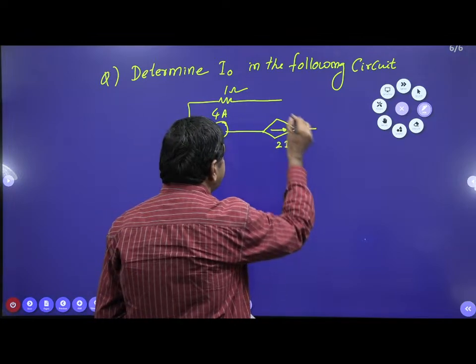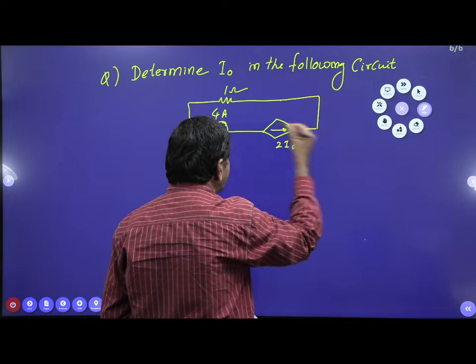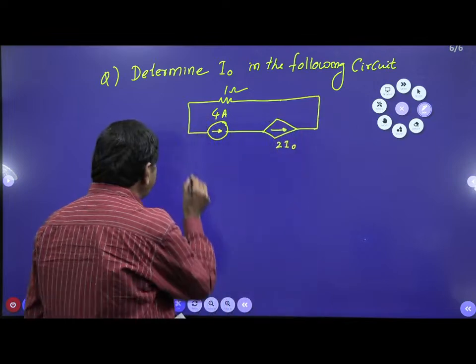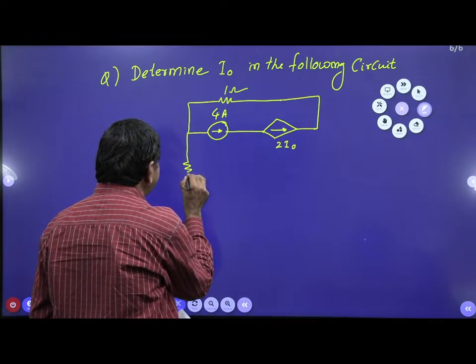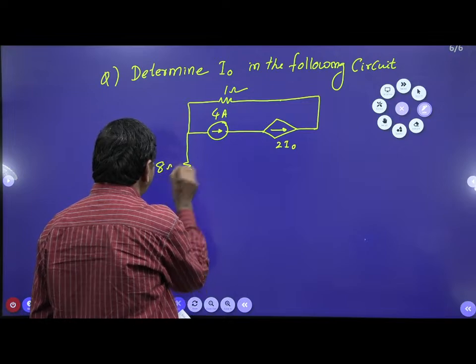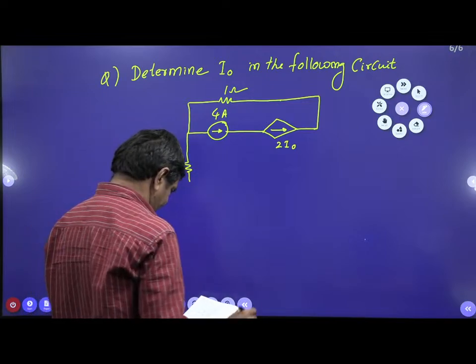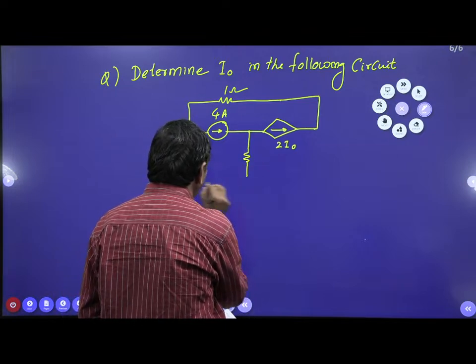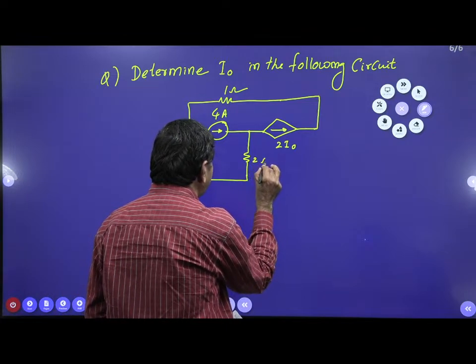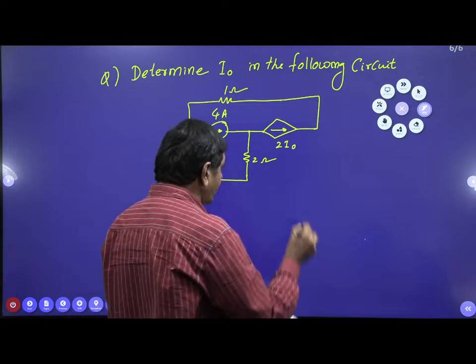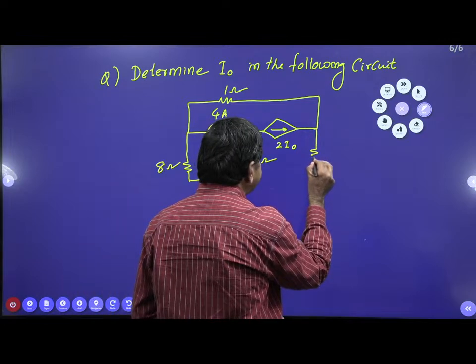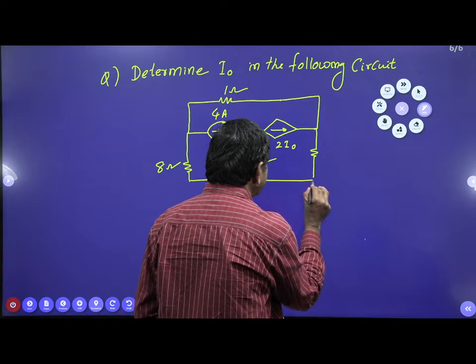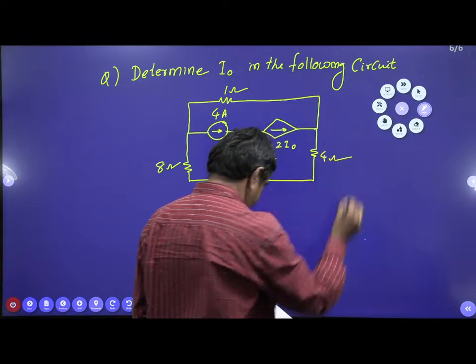This is connected like this. Here an 8 ohm resistor is connected, and a 2 ohm resistor is connected here. This side is also connected with a 4 ohm resistor.